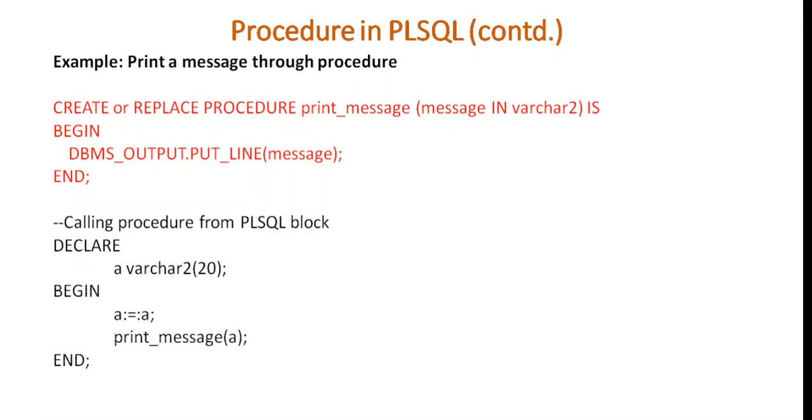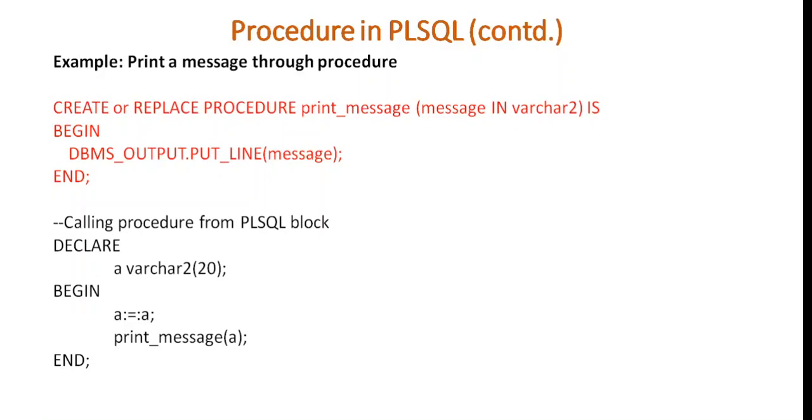In the begin section we are reading the value of a, that is, we are reading some message from the user, and then in the begin section of that block we are calling that procedure by its name. Print_message is the name of the procedure, and we are passing one parameter to that procedure. In brackets, a is a variable whose value is read from the user.